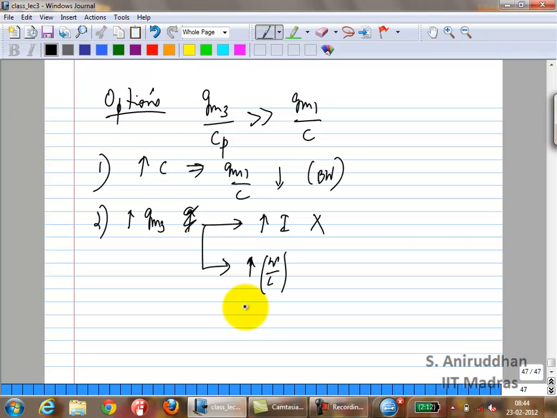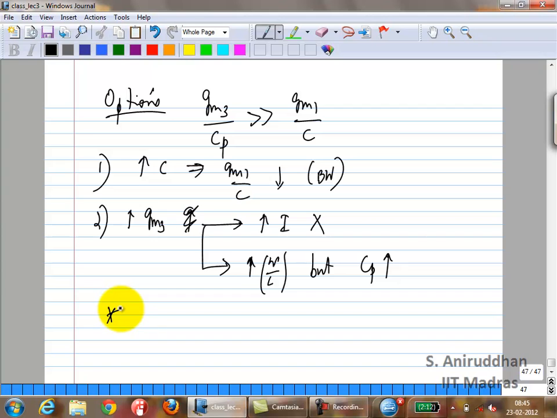So let us say we increase the W over L. What happens? Cp also increases. Okay. So what can you do? Exactly.